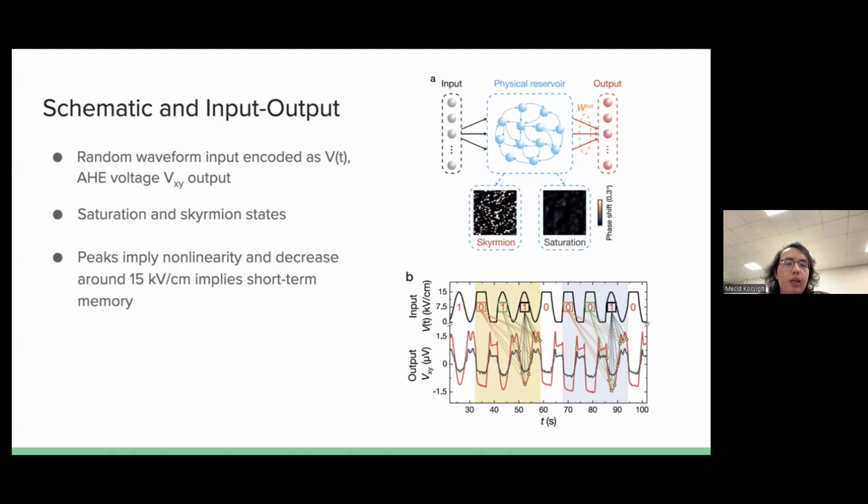Relatively, the memory effect in our systems can be derived from the gradual decrease or increase of the output signals around 15 kilovolts per centimeter after a series of waveforms. You can see at the bottom of our output signals the effects of the previous states; some of them resemble a square wave, some of them resemble a sine wave, and so on.